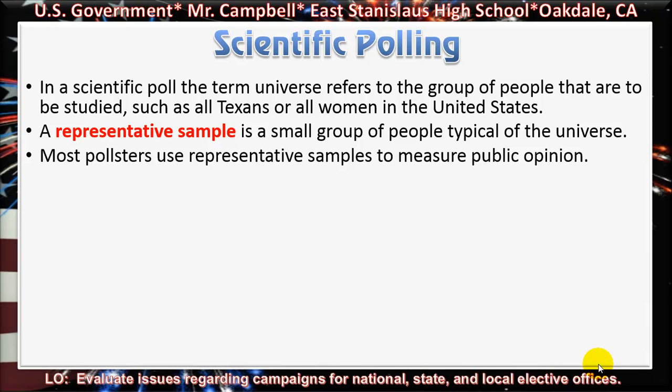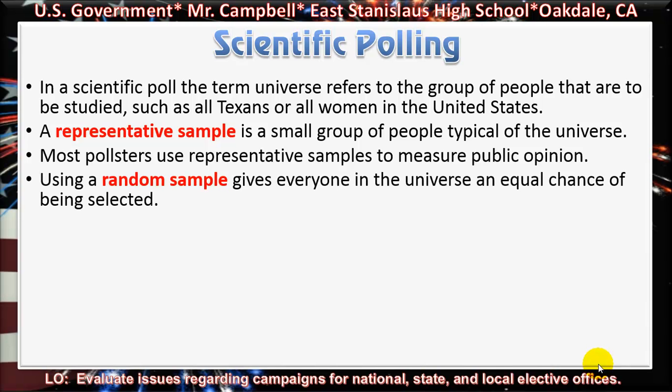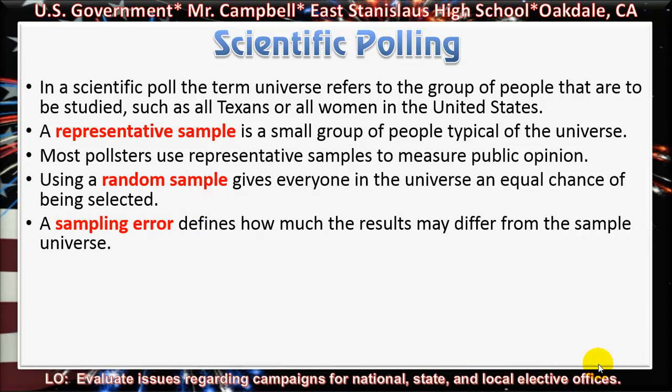Most pollsters use representative samples to measure public opinion. Using a random sample gives everyone in the universe an equal chance of being selected. A sampling error defines how much the results may differ from the sample universe.